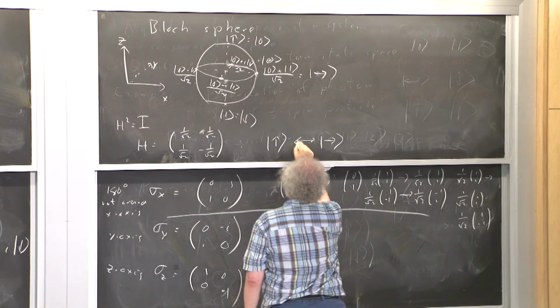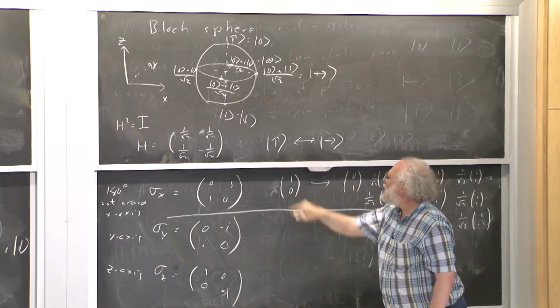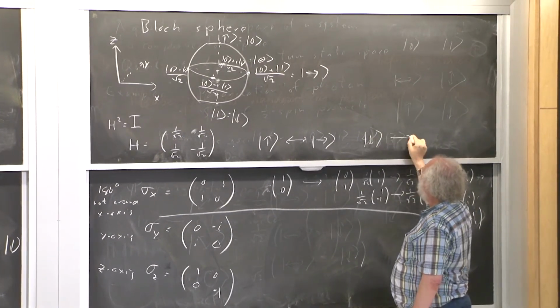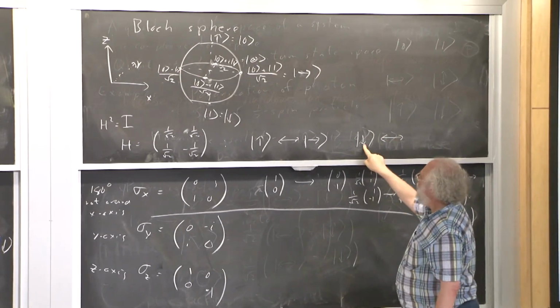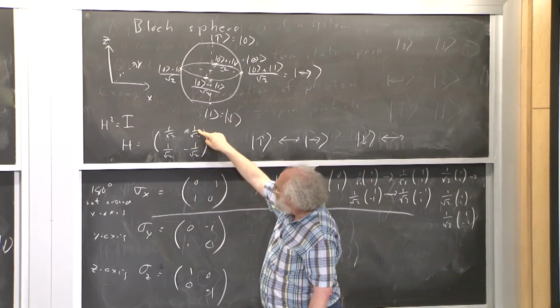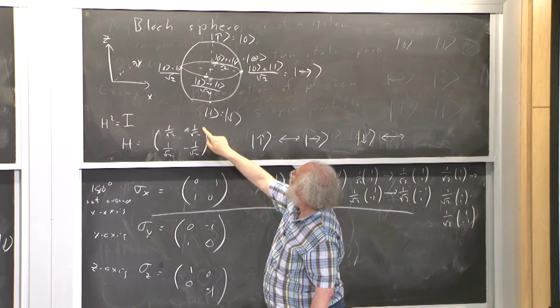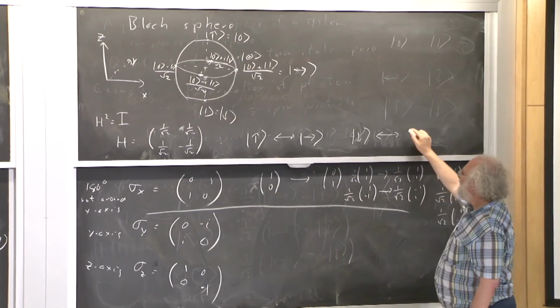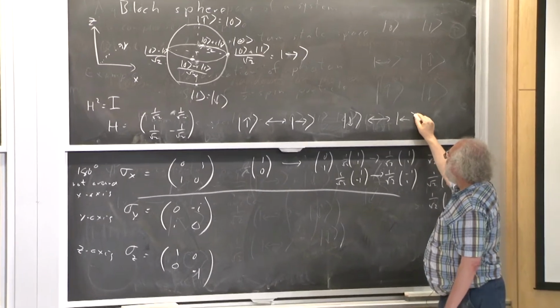And so it interchanges that and that. Well, the down, if you have 0, 1, you get a 1, minus 1 vector. So it interchanges that and that.